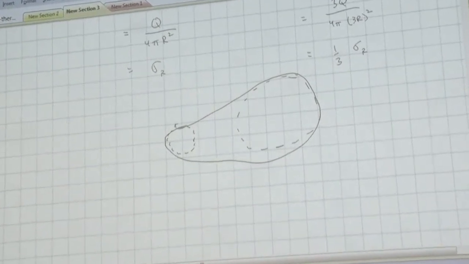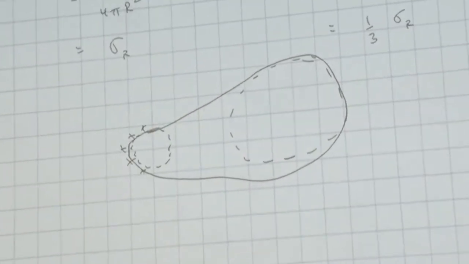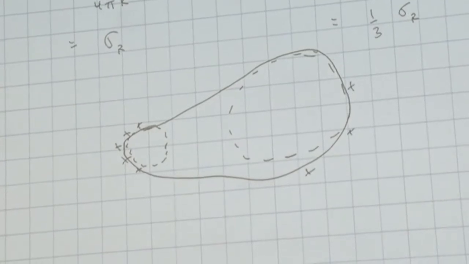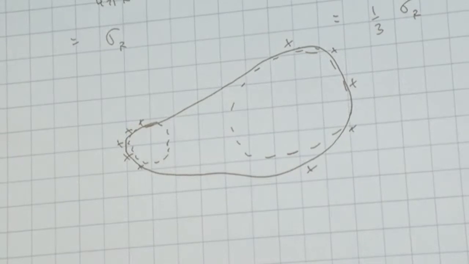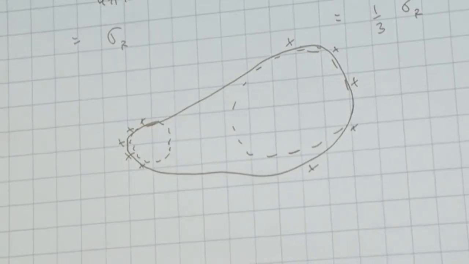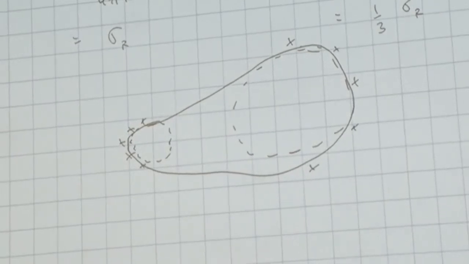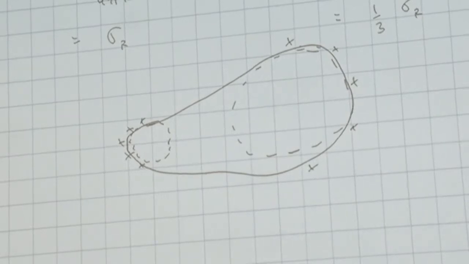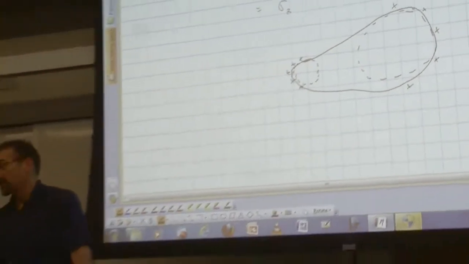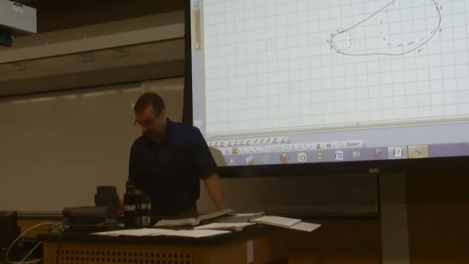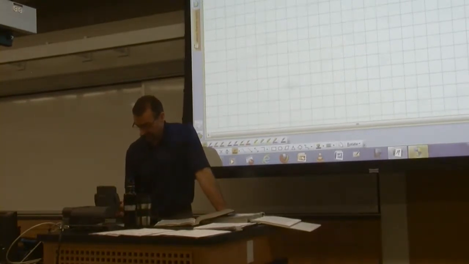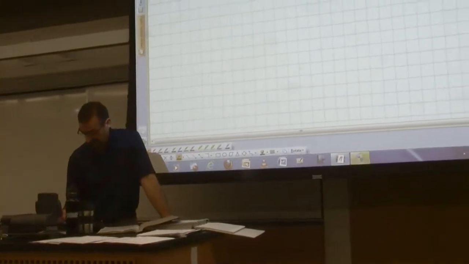So here you get a larger charge density. Here you get a smaller charge density to get the potential the same everywhere over the surface of the conductor. The electric potential, the voltage has to be the same everywhere over the surface of the conductor. And that's why for lightning rods and things you have points.